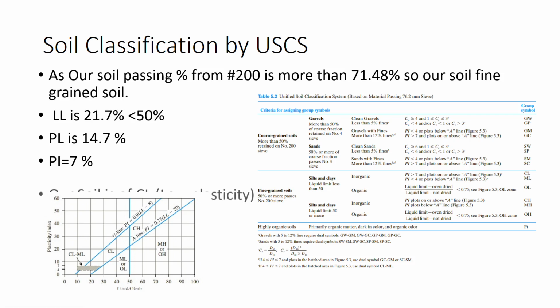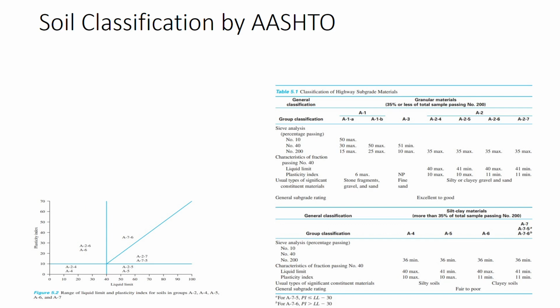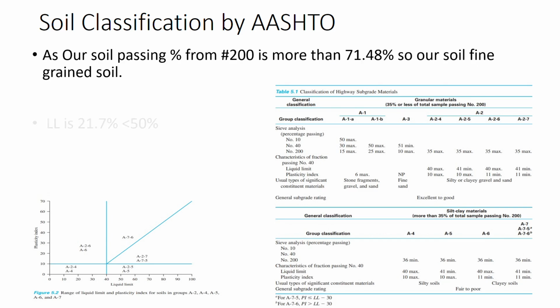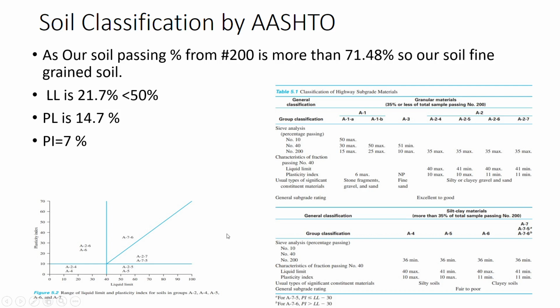Our next classification is the AASHTO classification, which is related to highways. These are the parameters we find out and compare with these charts. This is the chart, and this is also the graph for finding the type of the soil.